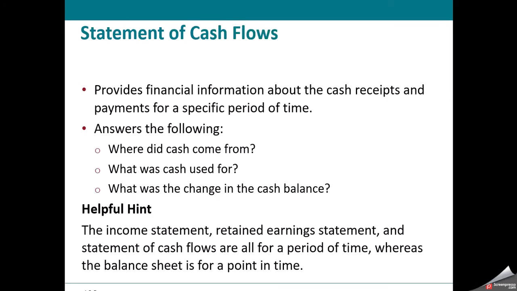And then the statement of cash flows, again, I'm not going to have you prepare those in principles of accounting, at least. When you get into financial accounting, we will probably get into preparing a very basic statement of cash flows. But what you're looking at is kind of you're identifying where the cash is coming in from and what it's being used out for.